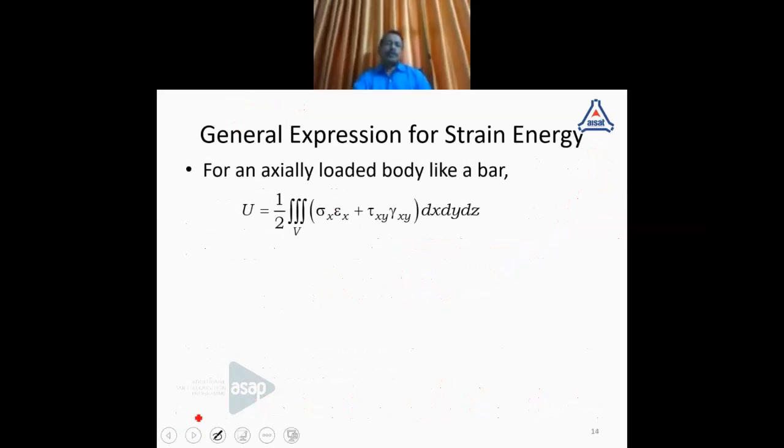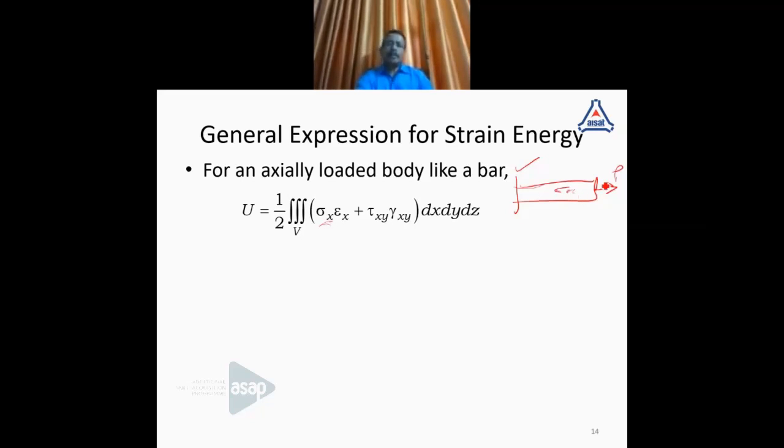So when you come to an axially loaded body, the example which we have discussed earlier, this expression may reduce to this level. Only a normal stress is acting, sigma x, or a load is applied along the axial direction. Only this load P is applied. Due to that, sigma x is developed along the normal direction.